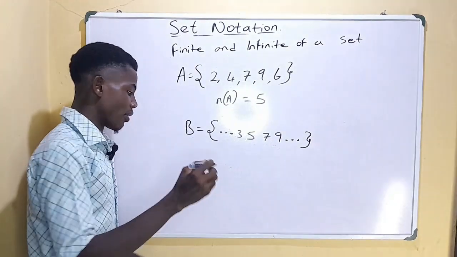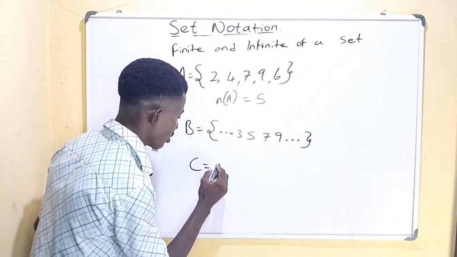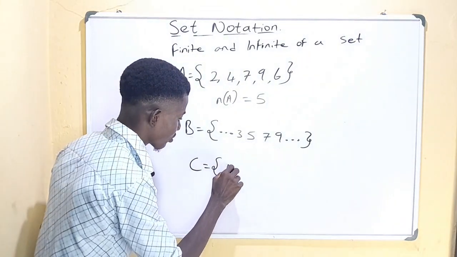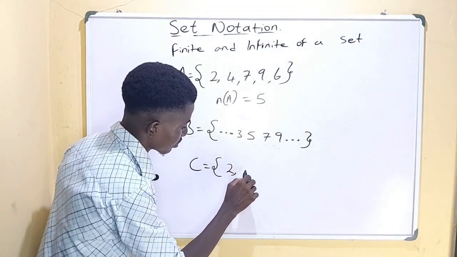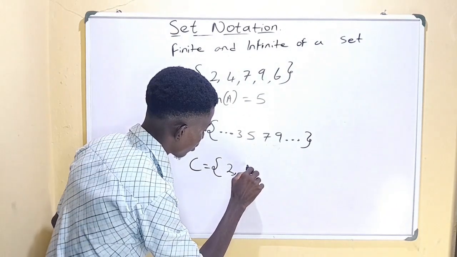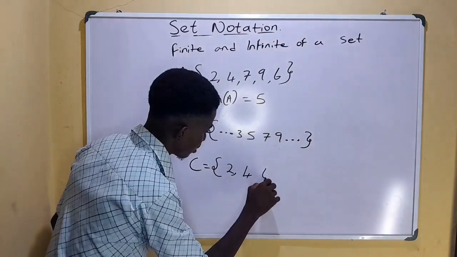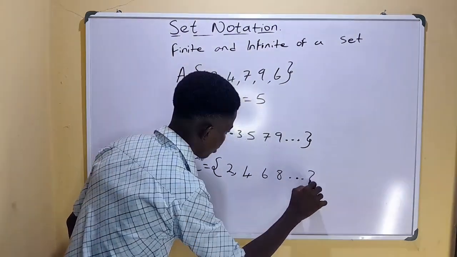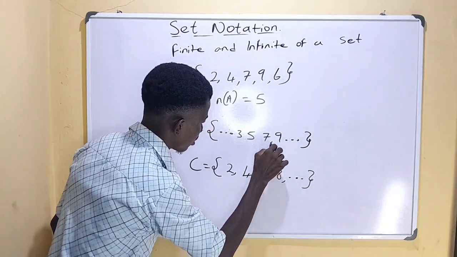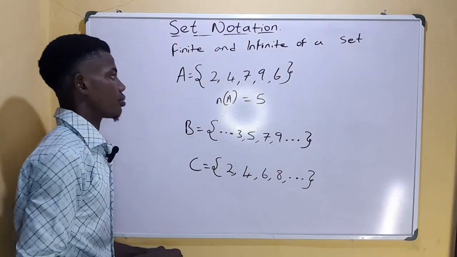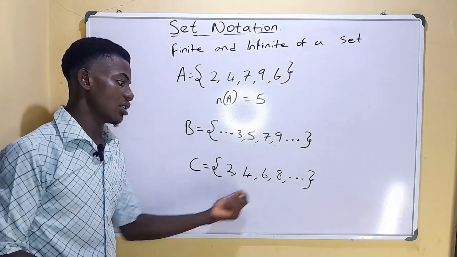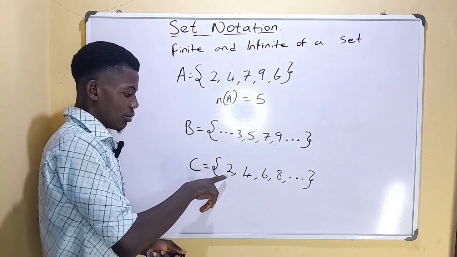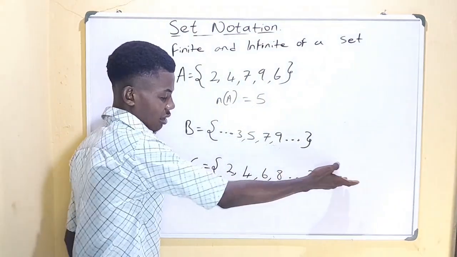Also, this type of set is also infinite, something like this. This one has a beginning, but it doesn't have an end.